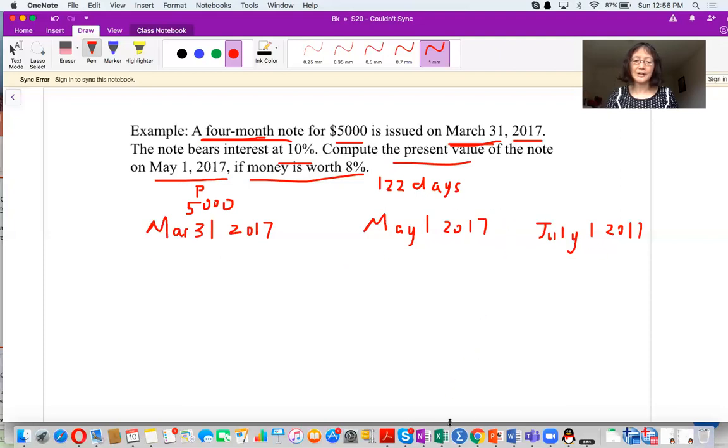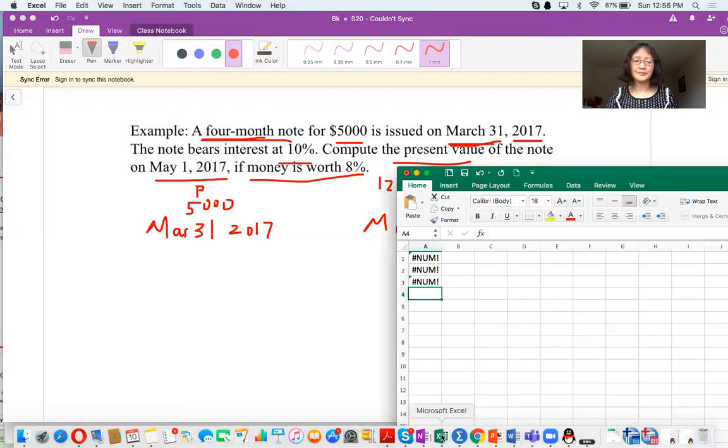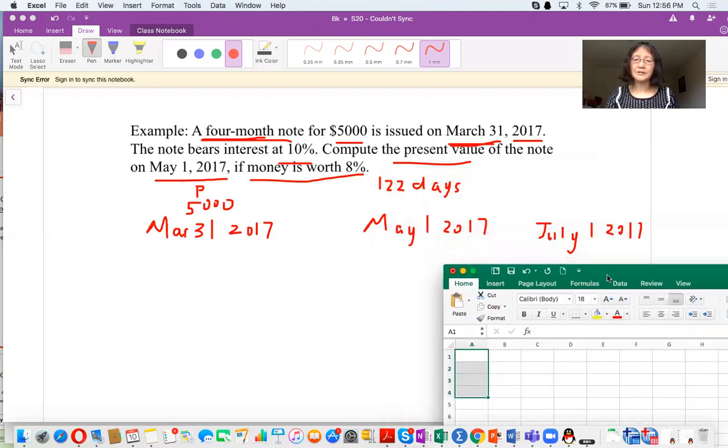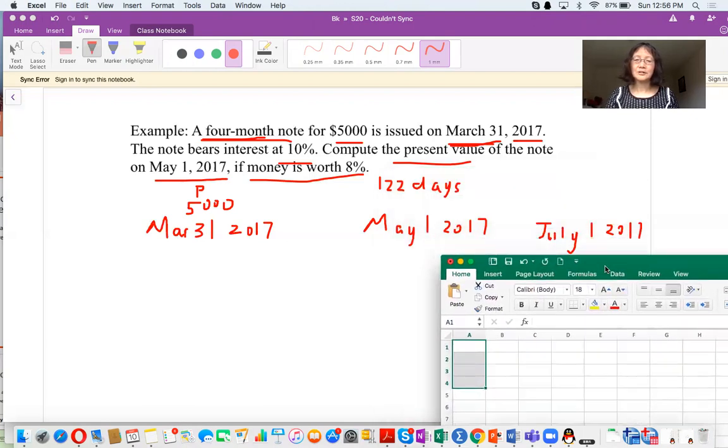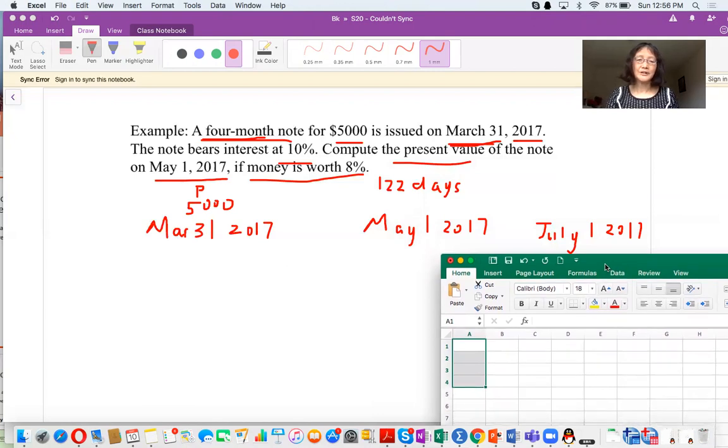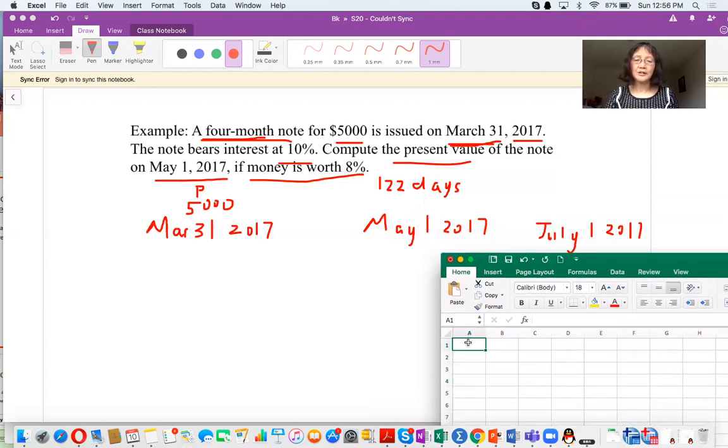For example, how many days between July 1st, 2017 and March 31st, 2017? I put July 1st, 2017, then March 31st, 2017.